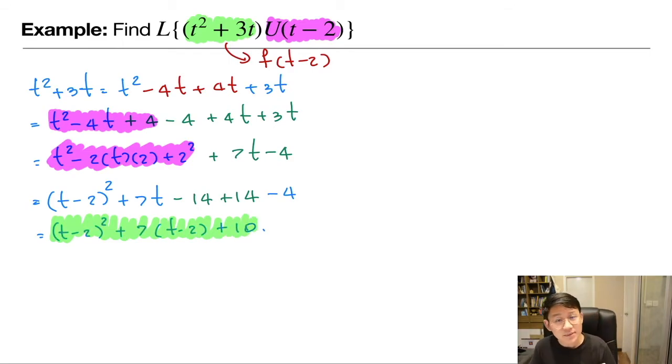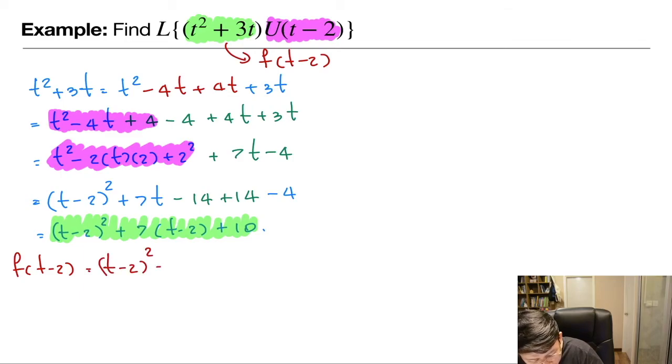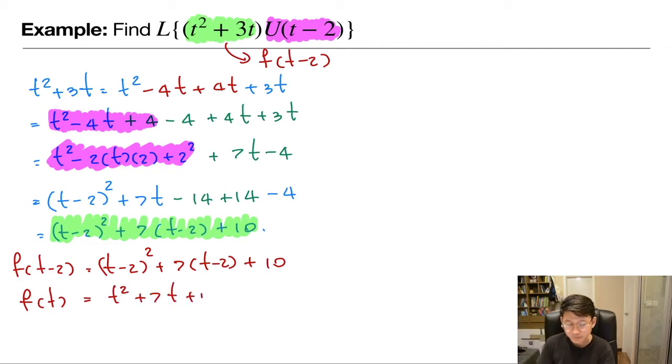So I can write down f of t minus 2 as t minus 2 squared plus 7 times t minus 2 plus 10, which means that f of t would be t squared plus 7t plus 10. Basically just substitute t minus 2 with t. Whenever you see t minus 2, you change it to t.